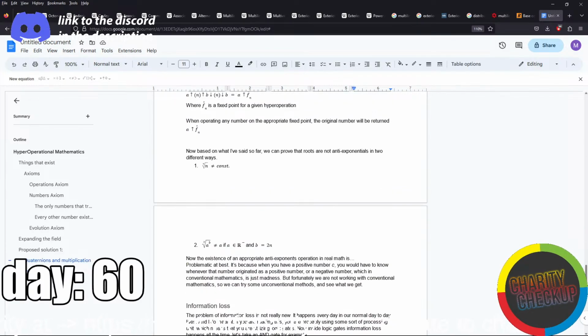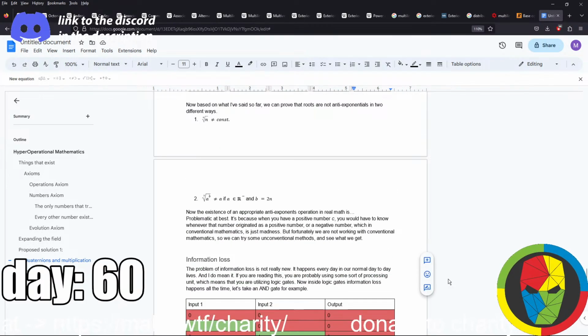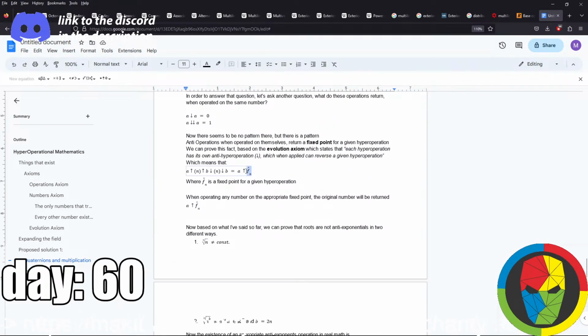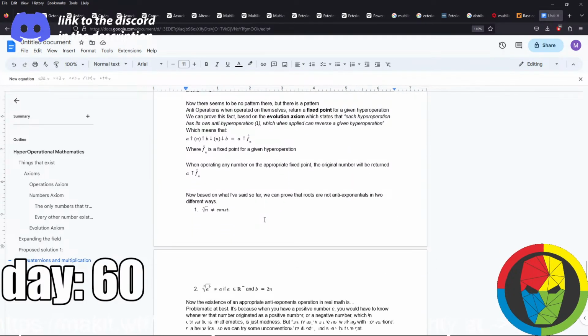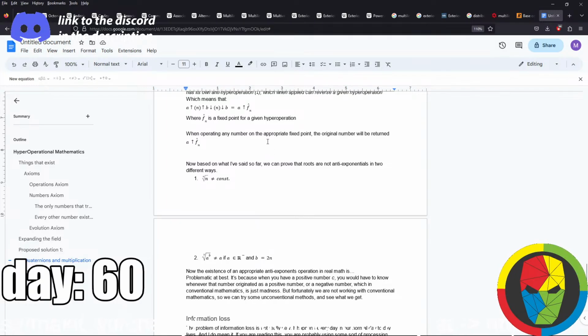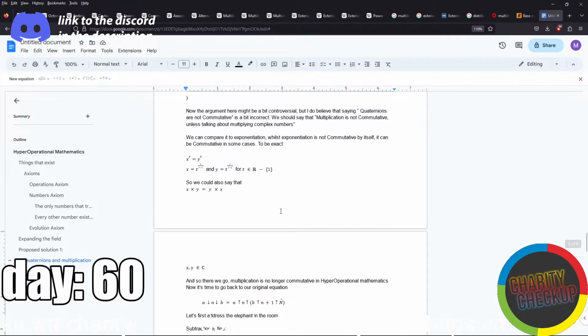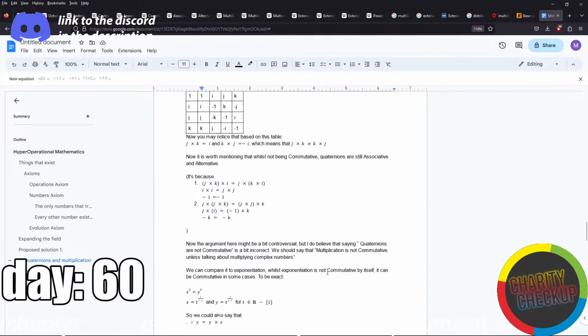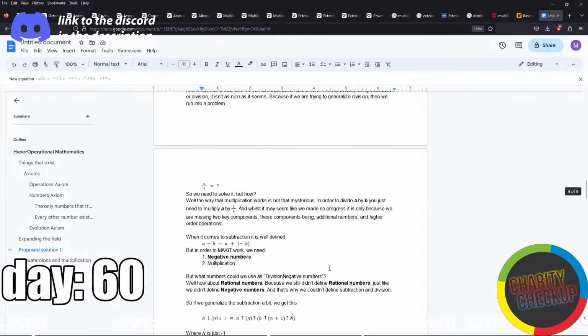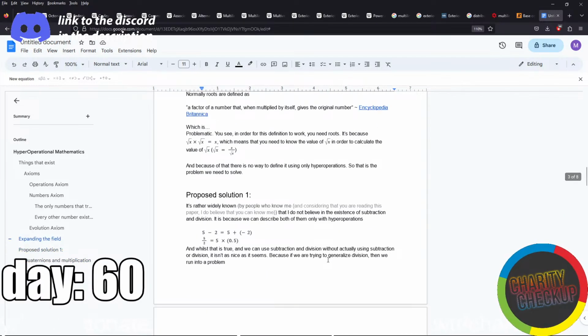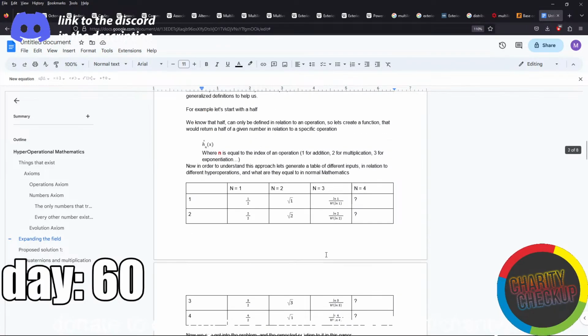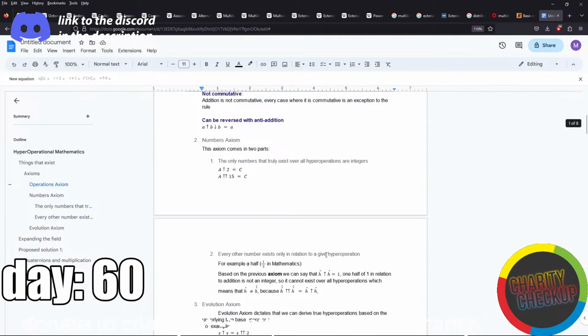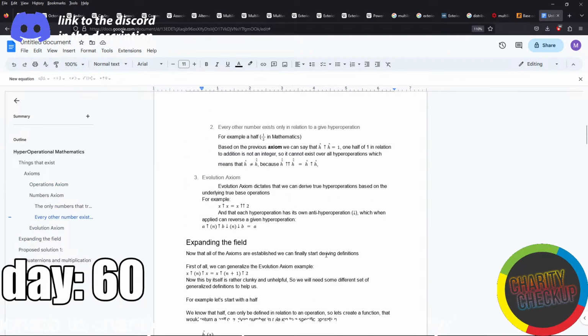Because right now, by the way, we have created some stuff though. We have the fixed point, we have the half function. Negative is just a negative number, but I write it this way to make it clearer. The half function is pretty neat. I really like the idea of having a different half function for every single operation.